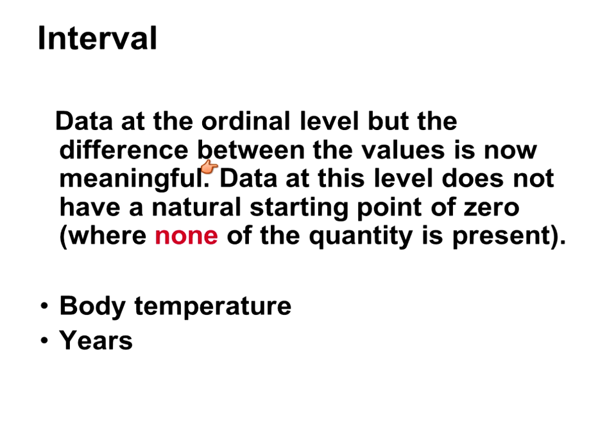Also, we know that interval data does not have a natural starting point of 0. So you can order it. When you subtract data values, that information is meaningful, but there's no natural starting point of 0. What I put here is body temperature. When I talk about body temperature, I mean this is in Fahrenheit or Celsius, either measurement.